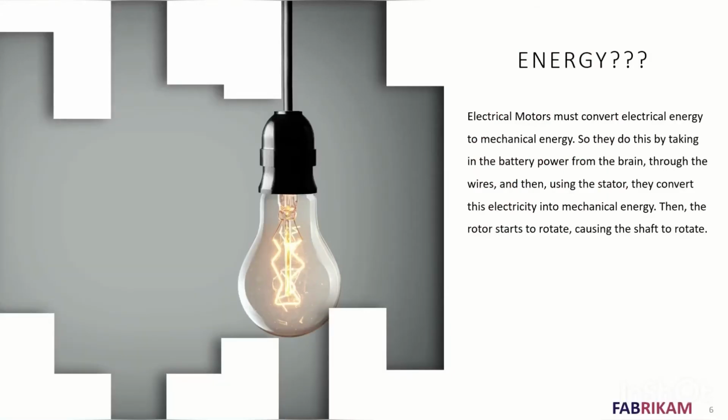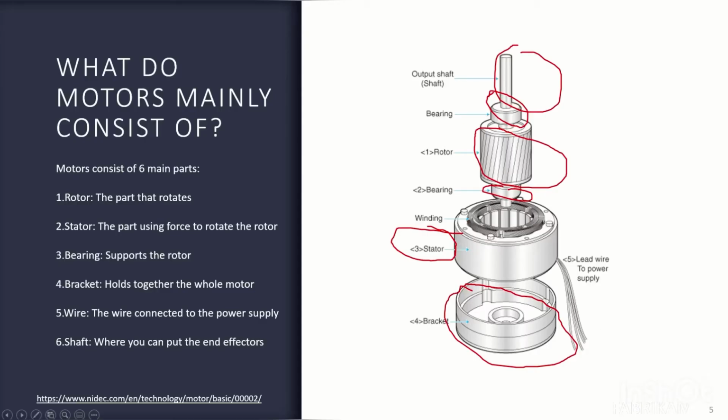So now let's talk about how the energy is converted. Electrical motors must convert electrical energy to mechanical energy, obviously. They do this by taking in the battery power from the brain through the wires, and then using the stator, they convert this electricity into mechanical energy. Imagine the brain's here, then you take the electrical energy from the microprocessor brain, it goes through the lead wires, and then it goes to the stator.